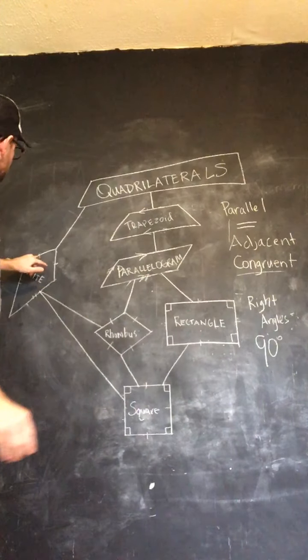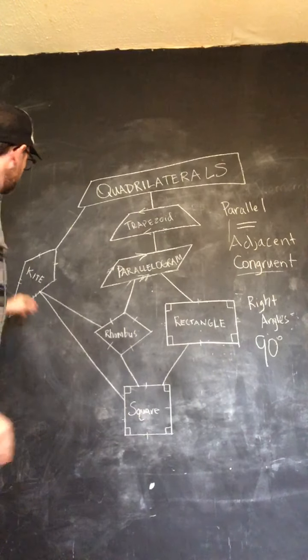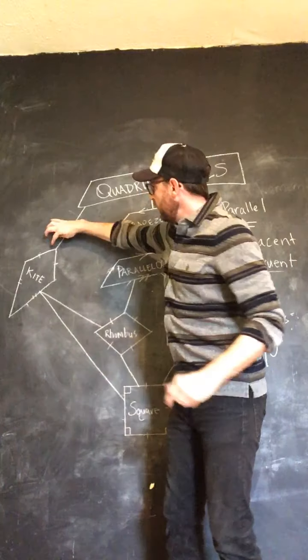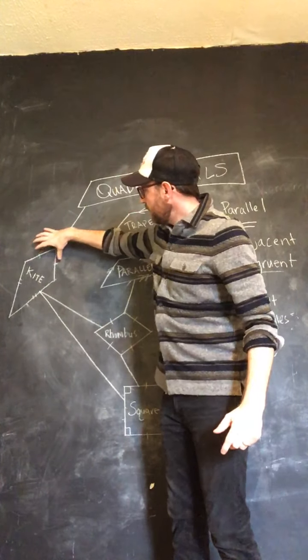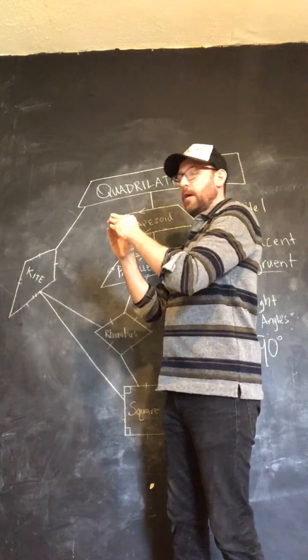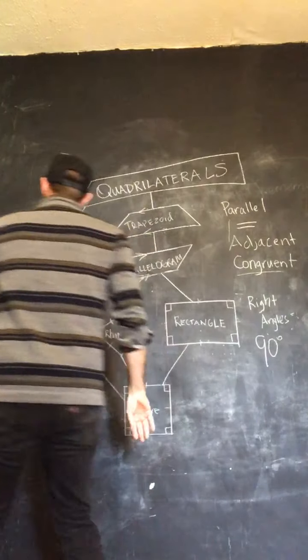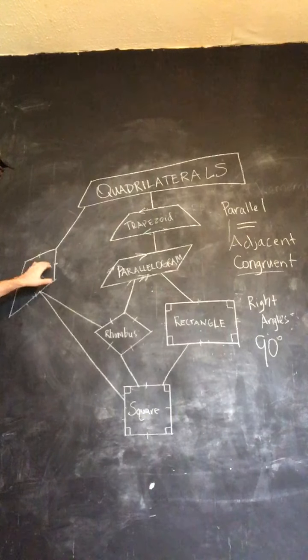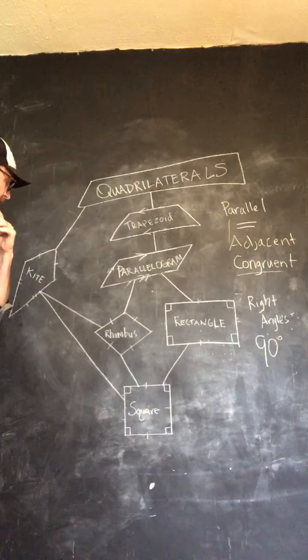So it has two sets of adjacent sides that are the same length. In this little crook of the elbow here, these two lines are the same length and these two lines are the same length. It looks like two alligators having a fight, one with a bigger mouth than the other. It doesn't have any opposite parallel lines, so it can't be a trapezoid or a parallelogram.